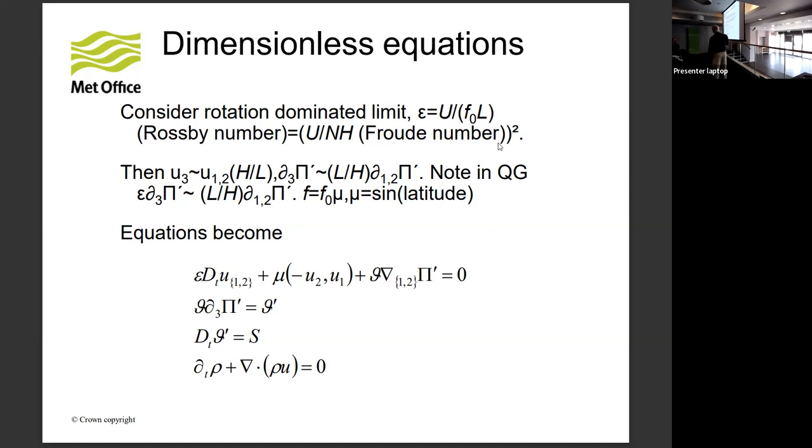You can say this term is actually going to be much bigger than this in quasi-geostrophic theory. So this is again where the two theories depart. That then leads you to these equations. You'll notice that this equation is what it was before, this equation is what it was before, and this equation hasn't changed from where we left off with the reference state. But this now has an epsilon in front of it.